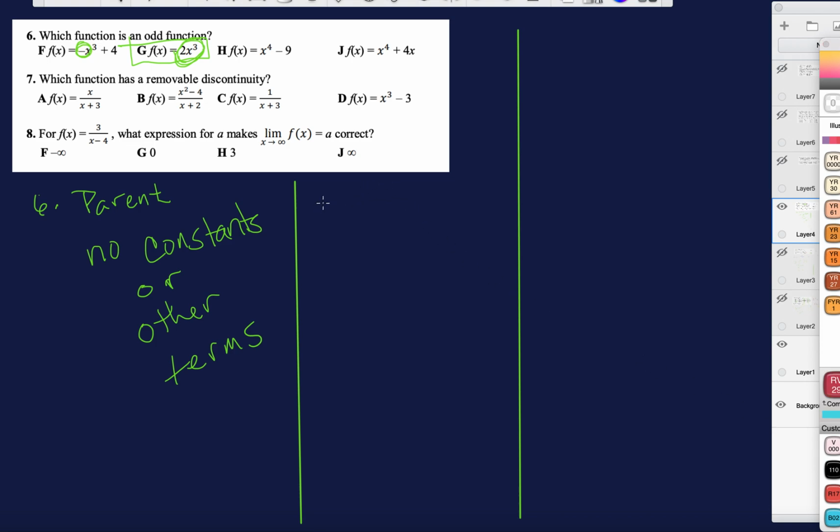Let's do number 7. Number 7 says, which function has a removable discontinuity? And we found that if we put this function into a calculator, it was linear. So A is linear.